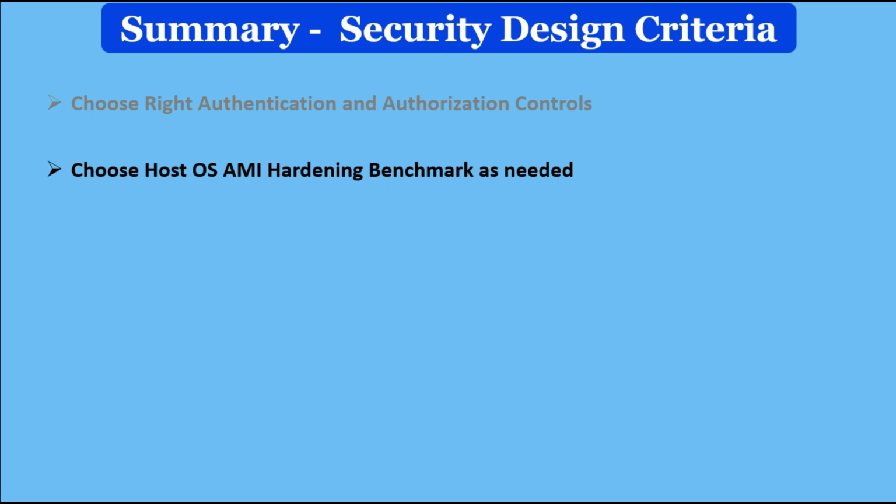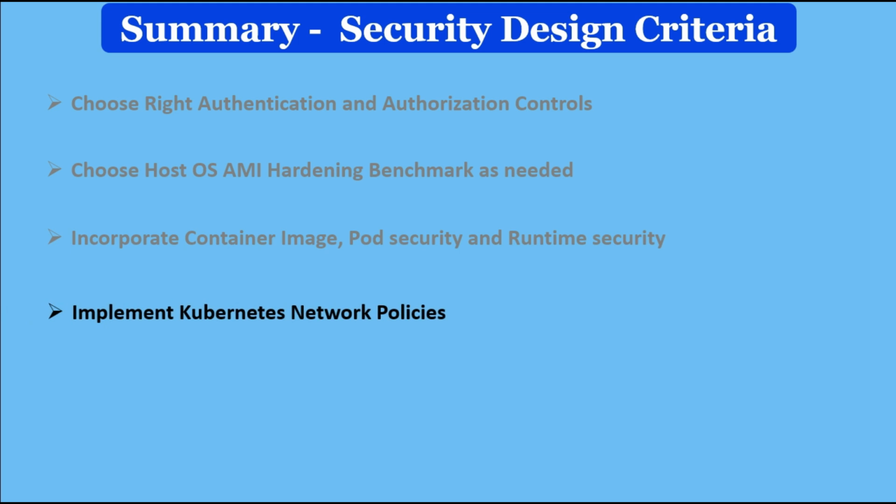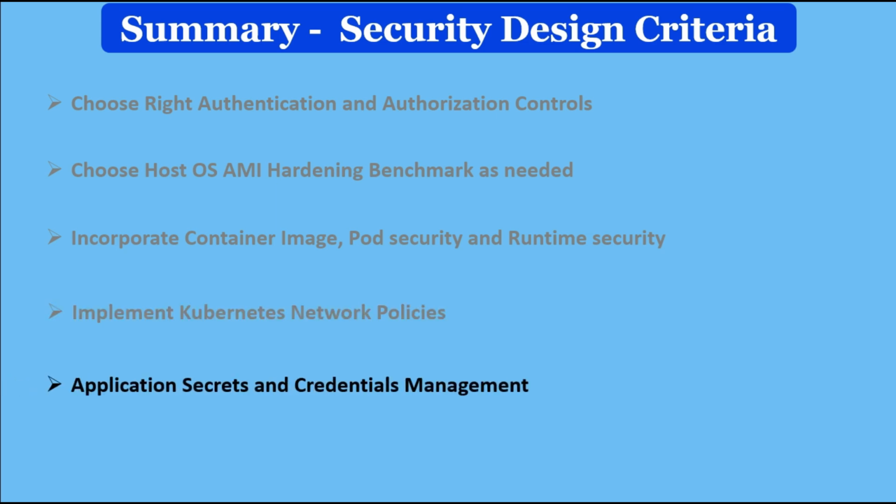So we need to ensure that the OS is hardened on a regular basis. Then we need to take care of the image security, the pod security, the runtime security, and implement the network security between the applications running in the same cluster, leveraging the Kubernetes native network policies.